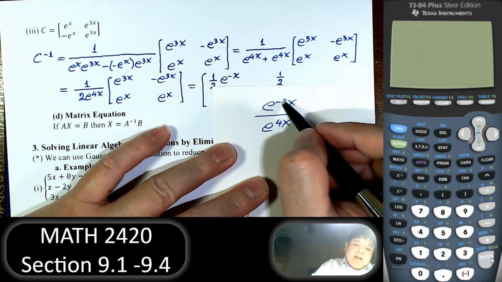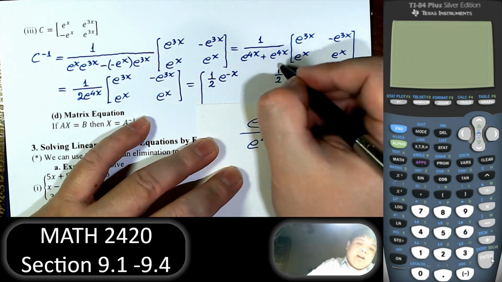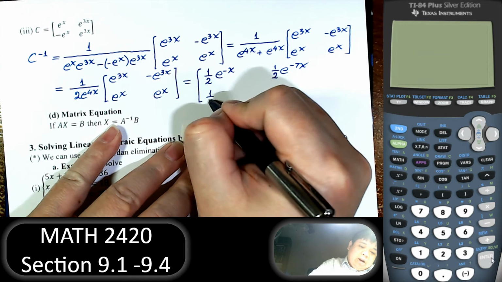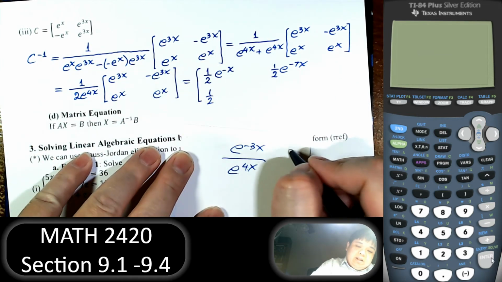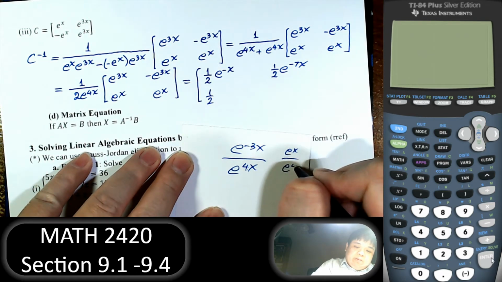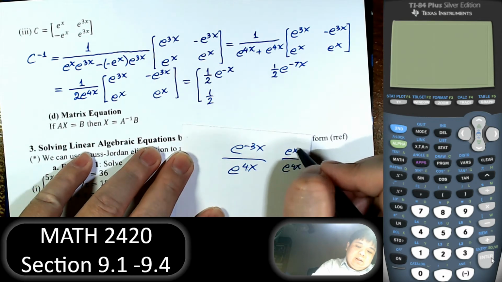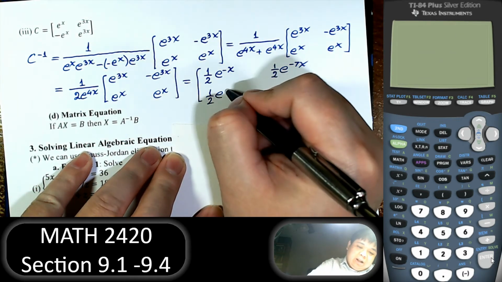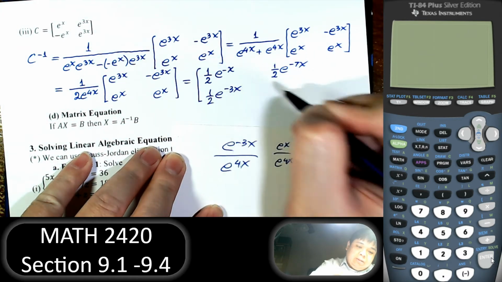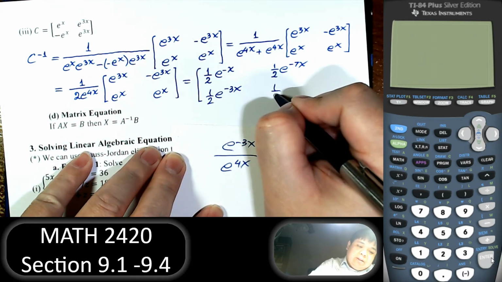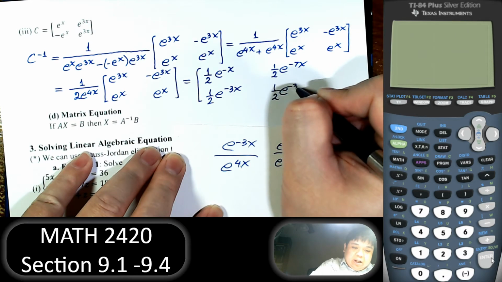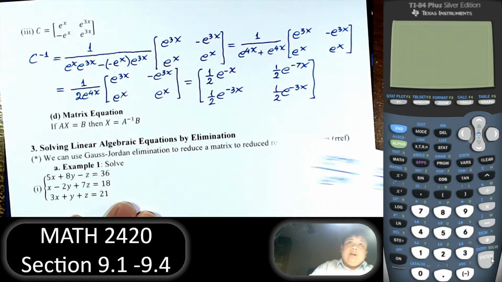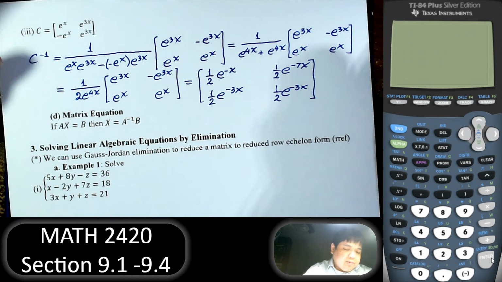Subtract the exponents, negative 3x minus 4x, negative 7x. Then 1/2 e to the x over e to the 4x, that is e to the negative 3x. So that's what we have for the 2 by 2.